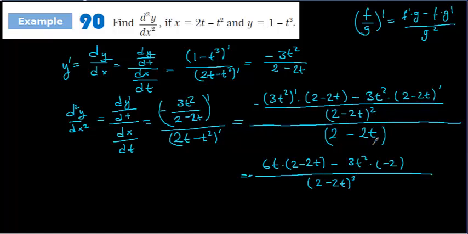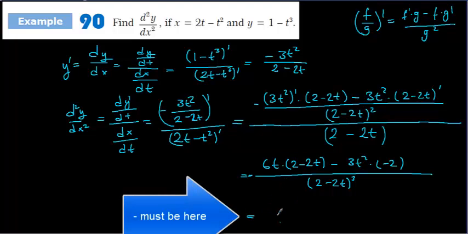This comes down and you multiply, the powers 1 and 2 we add, that's 3. 6t times 2 is equal to 12t minus 6t squared.